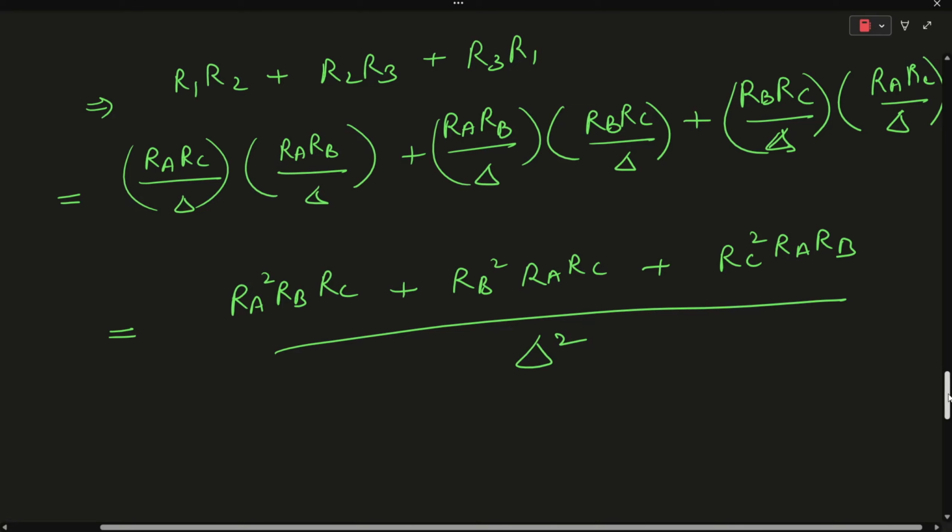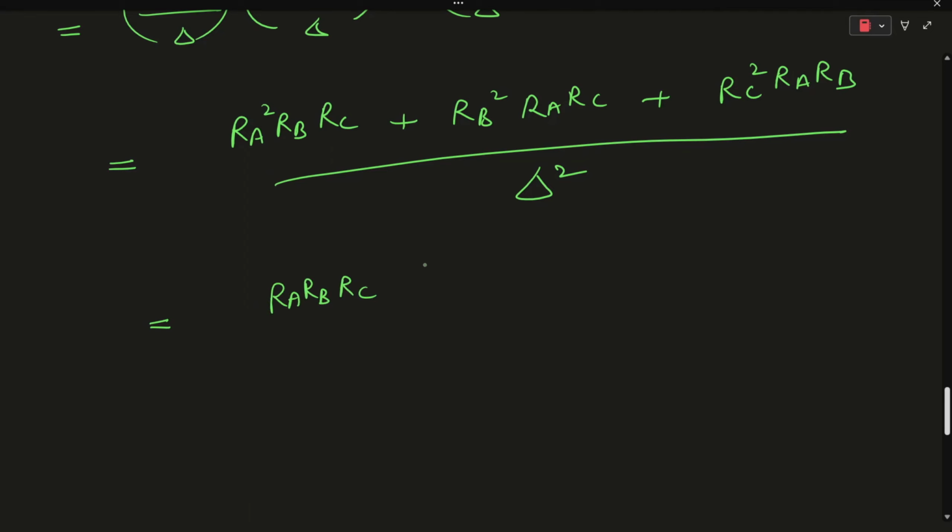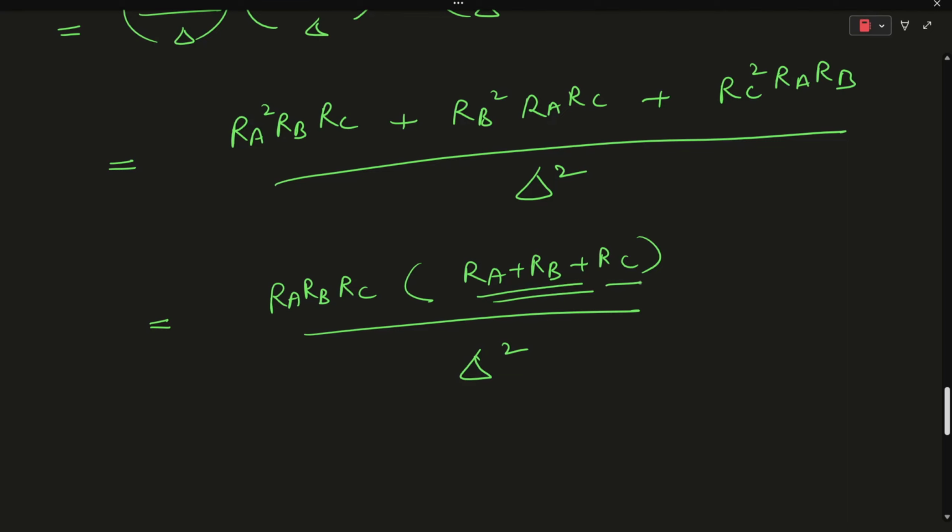On taking RARBRC common, this is RARBRC upon delta square times RA plus RB plus RC. The value of RA plus RB plus RC is already equal to delta, so delta will be cancelled out by delta.